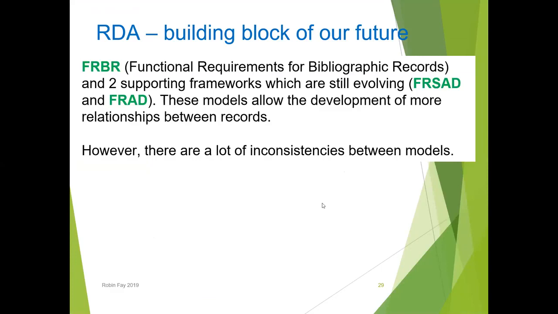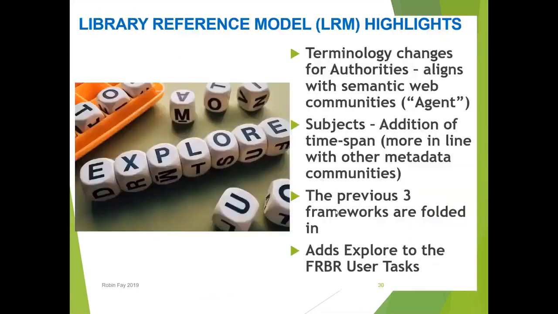We've talked a lot about relationships, but this is really thinking about it a little bit more. And because of those inconsistencies between the models, we did just think, okay, maybe we need to do something different.